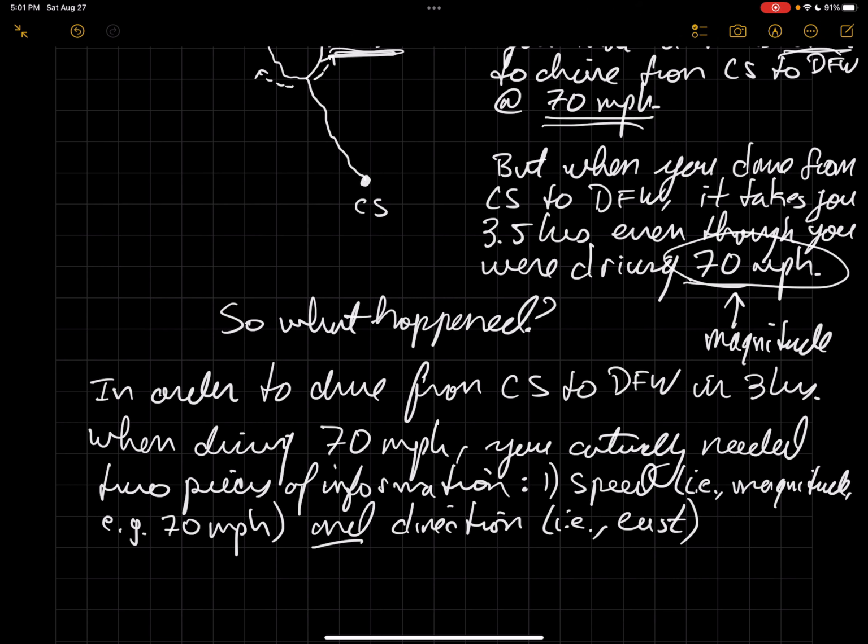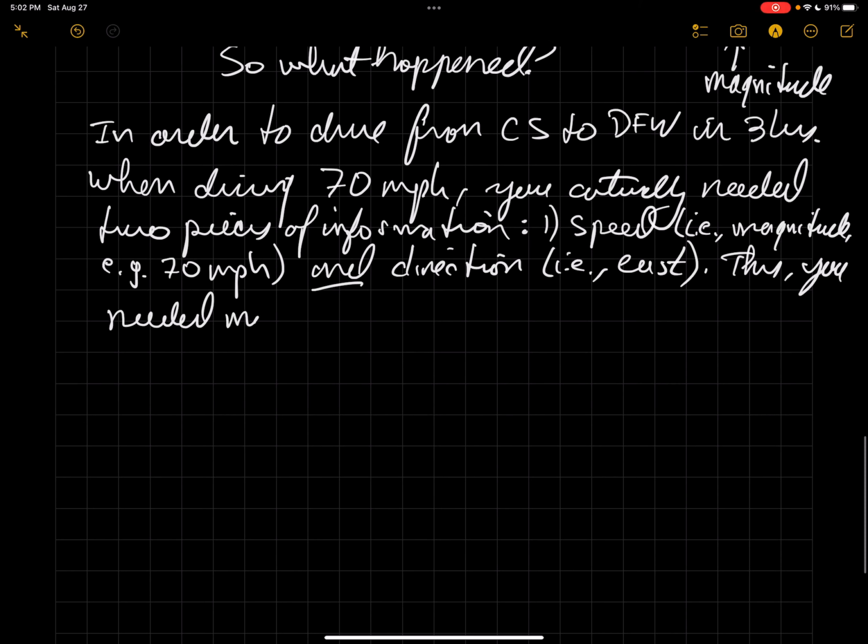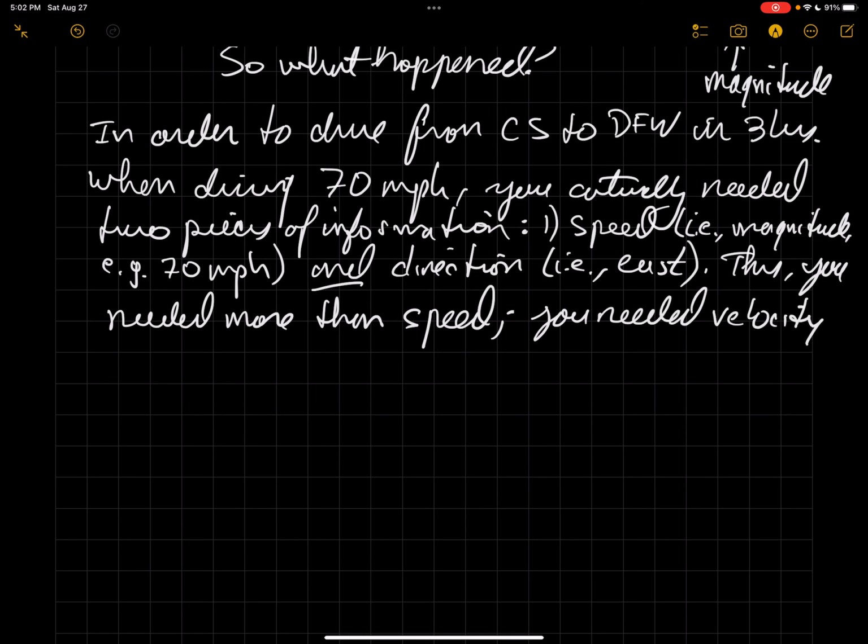Thus, you needed more than speed, you needed velocity. And we're going to define what velocity is in just a little bit.